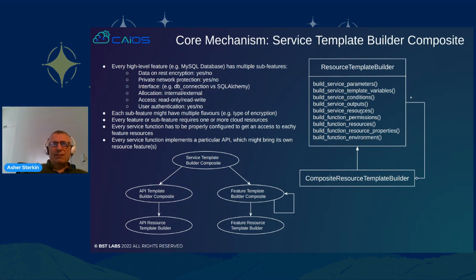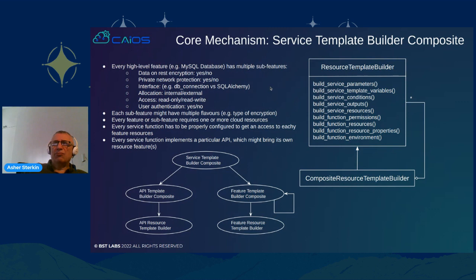Again, details are less important here, but I came up with the need to keep them as a composite. Why? Because every high-level feature, like I want MySQL database, is translated into multiple resource descriptors on CloudFormation, for example. And it might have different variants inside, sub-features.